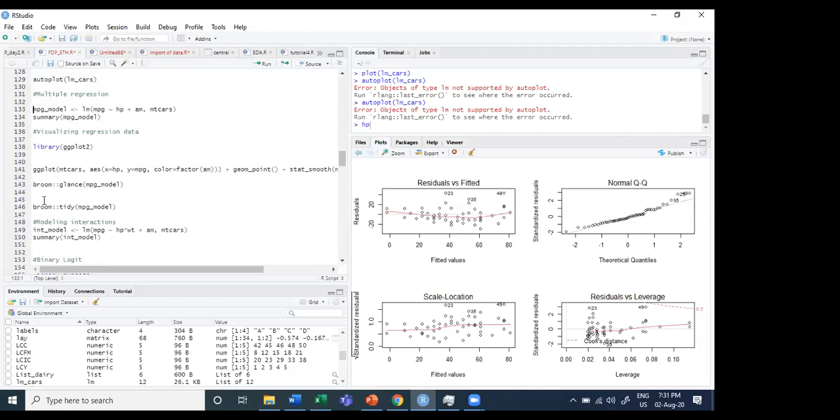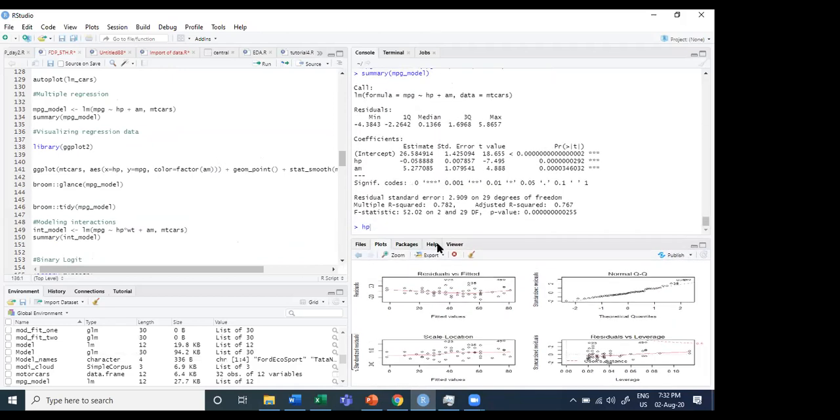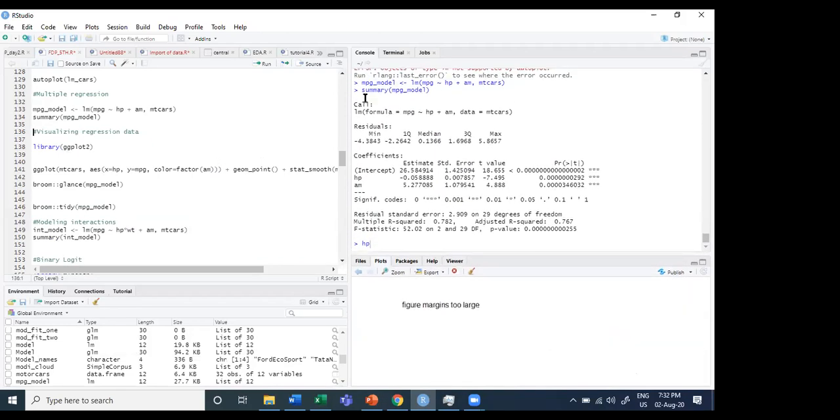So this is mpg underscore multiple regression model score. Sorry, lm, mpg, tilde, hp, am, and mtcars. So this is the first. This is the summary of multiple regression which I have brought to your notice. This is the lm formula. This is residuals, minimum minus 4.3. First quartile. This is the median. This is the third quartile.